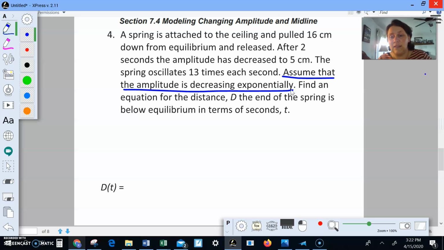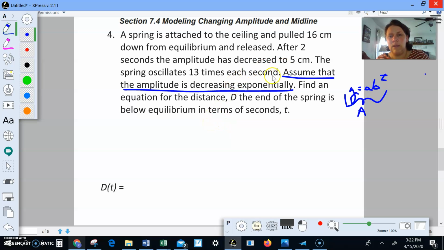So what that tells me right off is that I am going to have an equation that is in the format of y equals a b to the t power. Okay, and so that we will be able to figure out right away. So that's going to be our amplitude. And they give us some information here. I'll tell you how we'll figure that out here in just a minute.